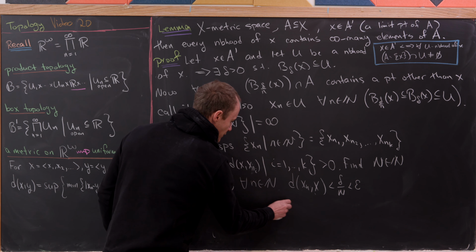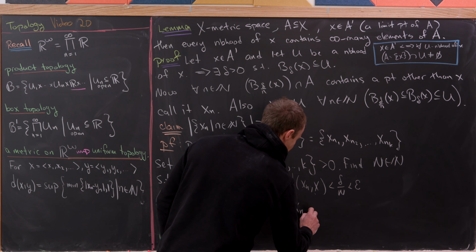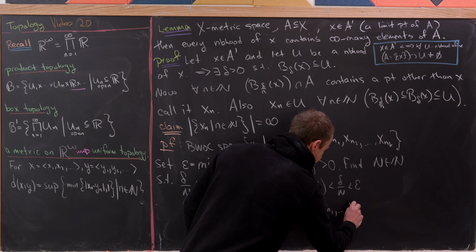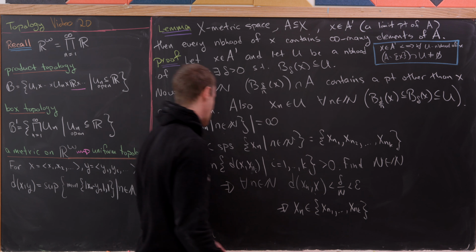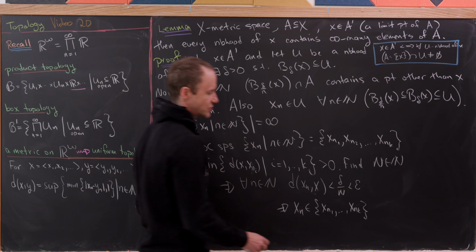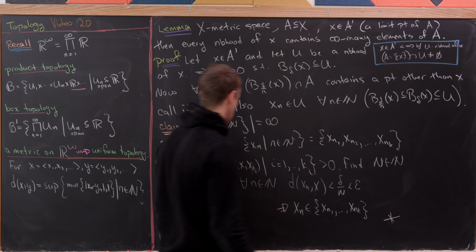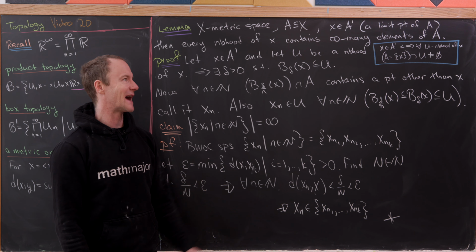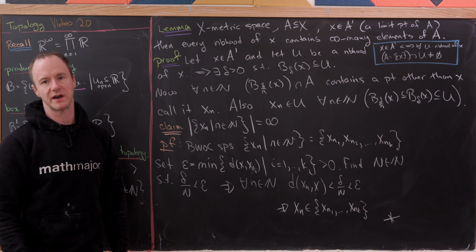In other words, we have found infinitely many points that are outside of this supposed finite set, which makes up our entire sequence. But there's our contradiction. But that means that this was, in fact, an infinite set. But that's what we wanted to prove.